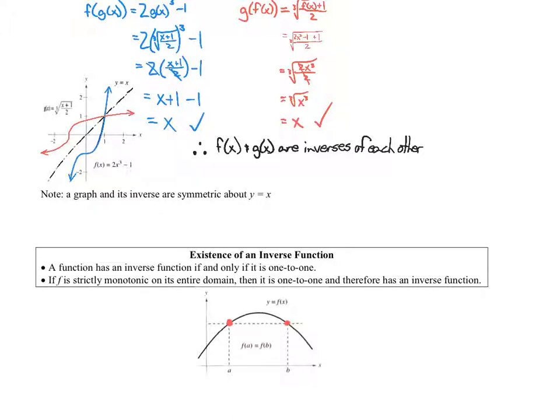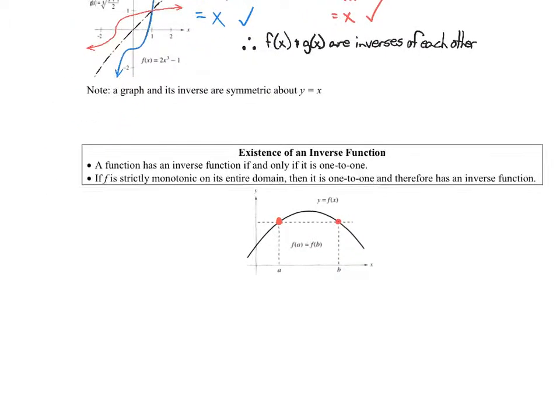And the reason why that means there's not an inverse function is, think about it. Remember, we said that a function and its inverse are reflections of each other across the line y equals x. Now, if I were to reflect this across the line y equals x, notice what it would look like.